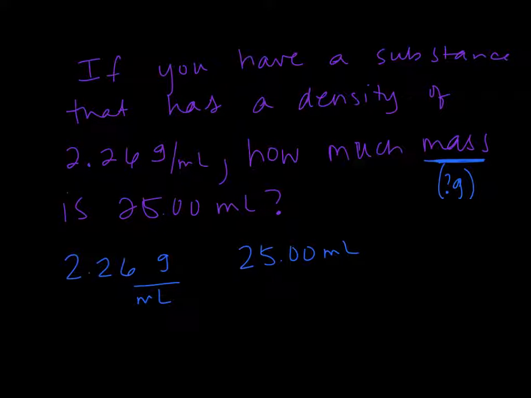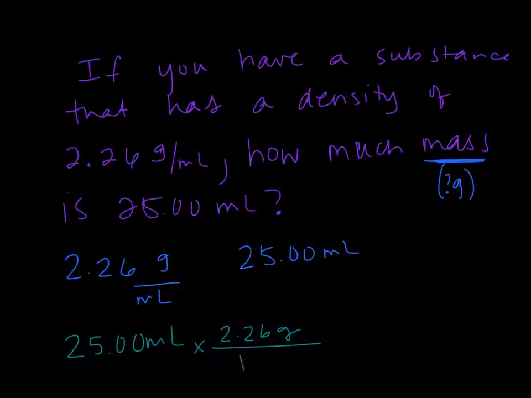So I've got 25 milliliters. And then what do I want to do with this to make milliliters cancel and end up with grams? I'm going to put the 2.26 grams on top and then put 1 milliliter on the bottom, because there is 1 milliliter for every 2.26 grams.